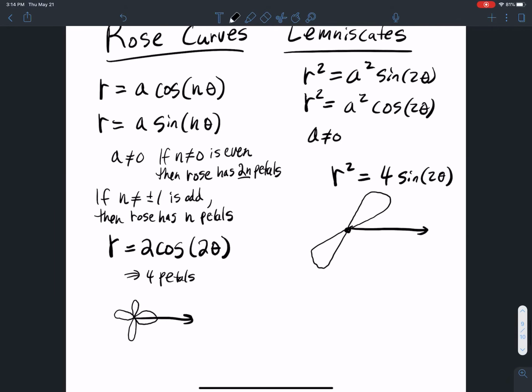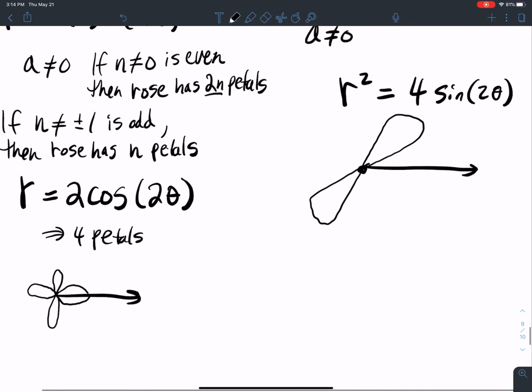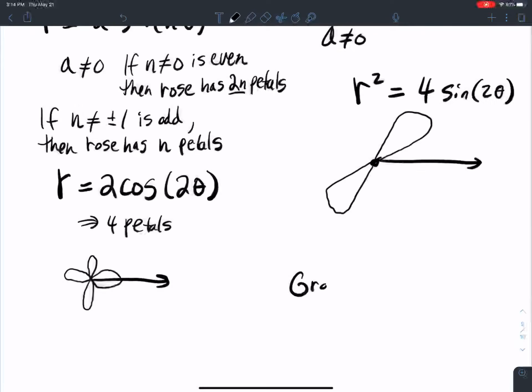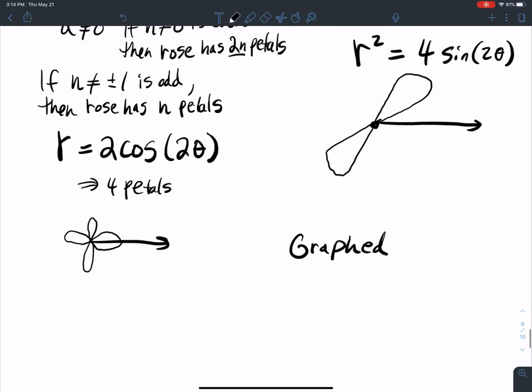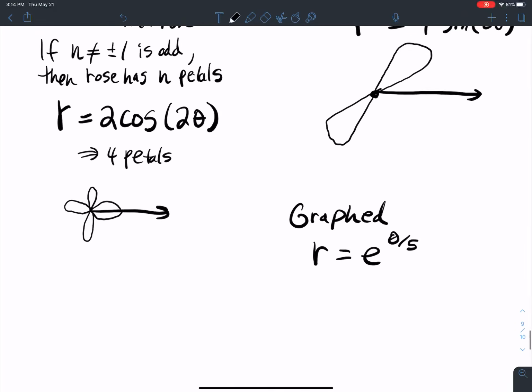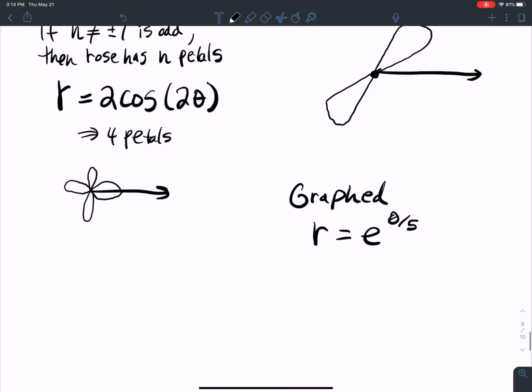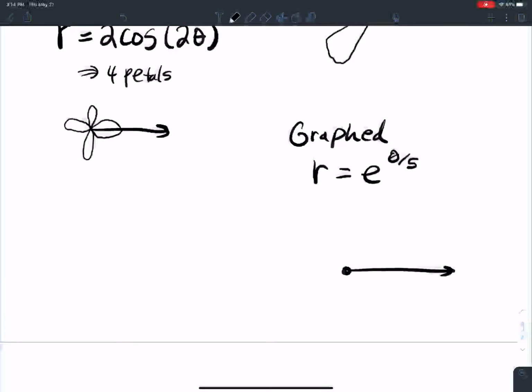So that last one, we graphed r equals e to the theta over 5. So your polar axis here, you start at 1, because theta equal to 0 gets me an r equal to 1.